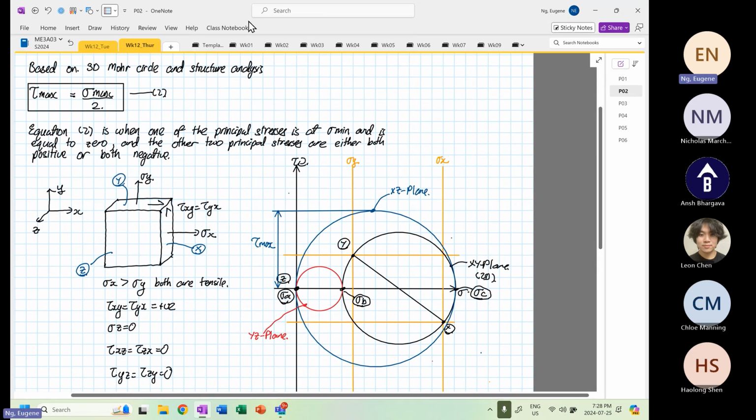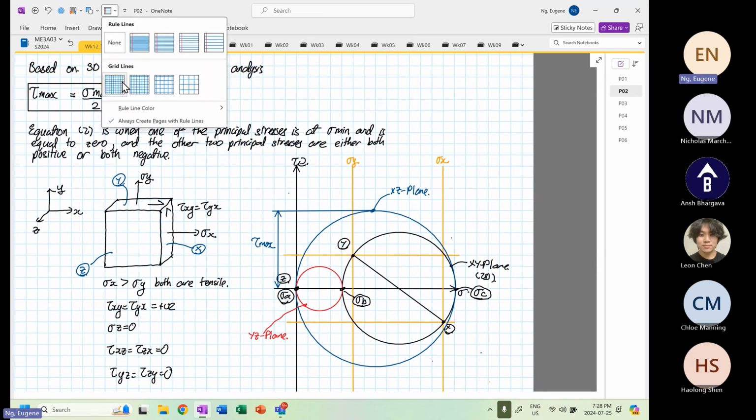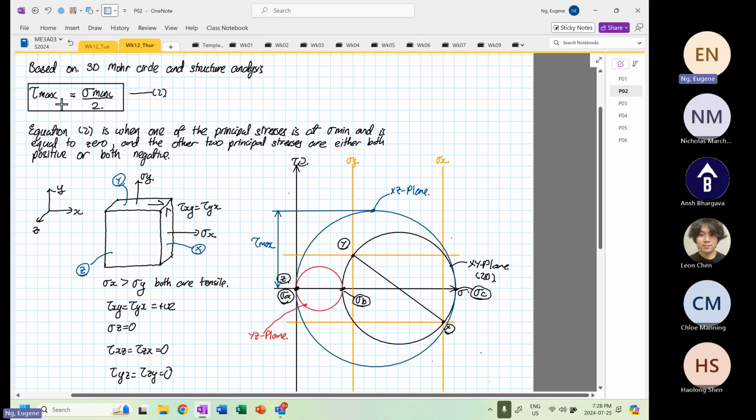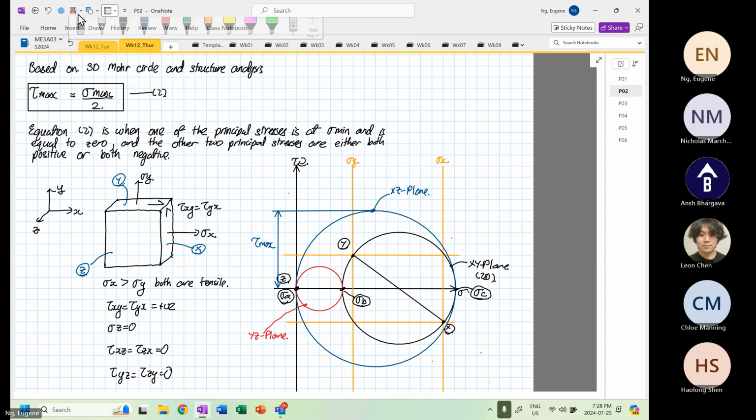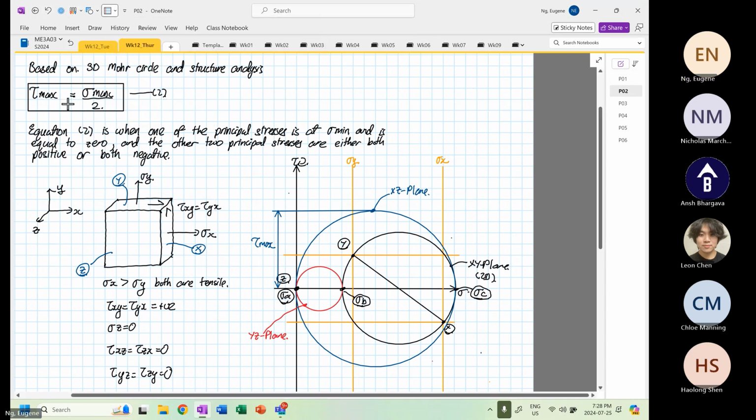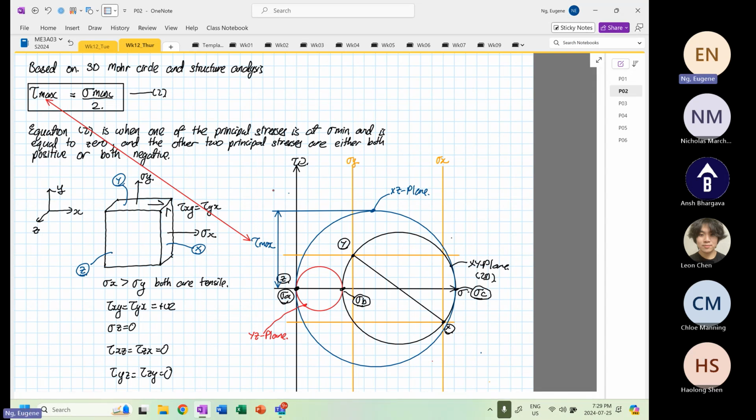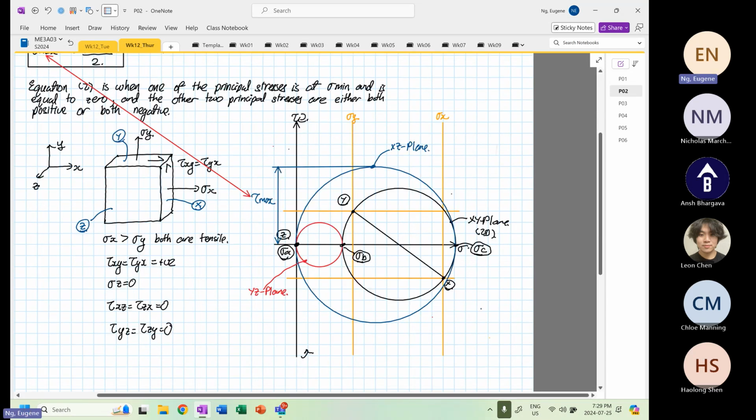Okay, these two are the same thing. I will use a different color. These two tau max are the same. So this tau max is equal to stress max divided by 2, as you can see.